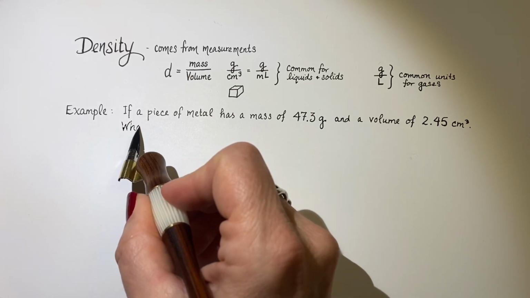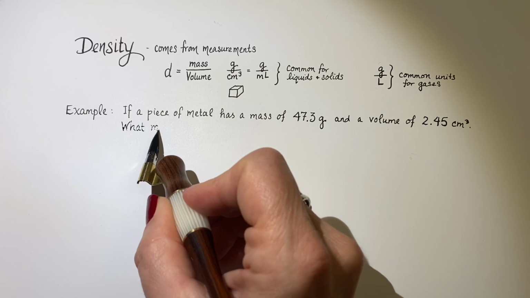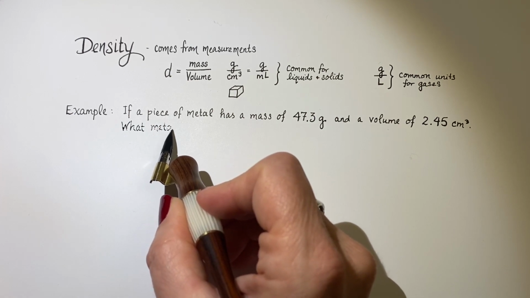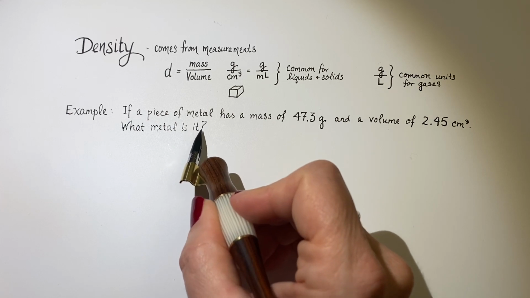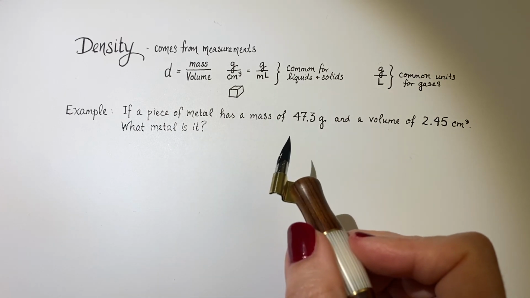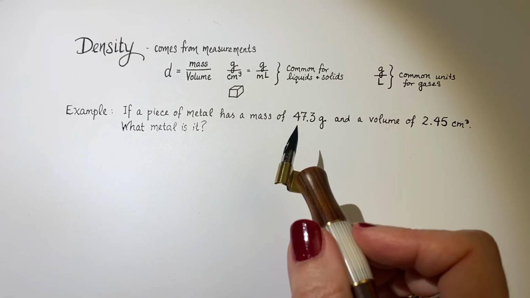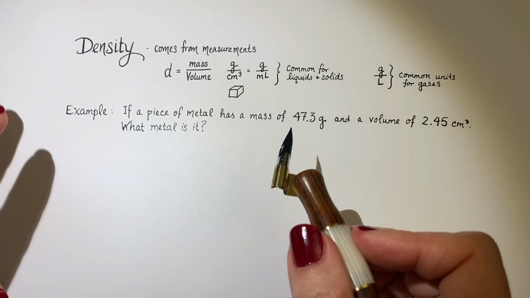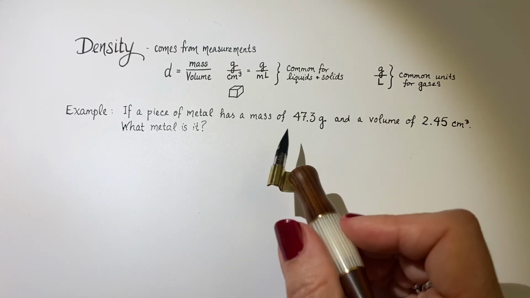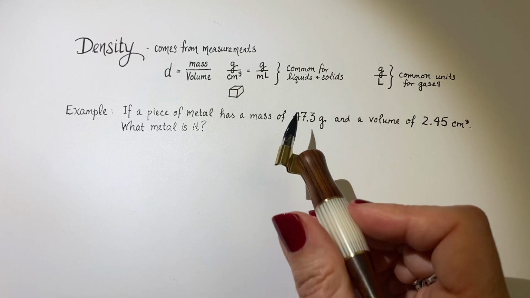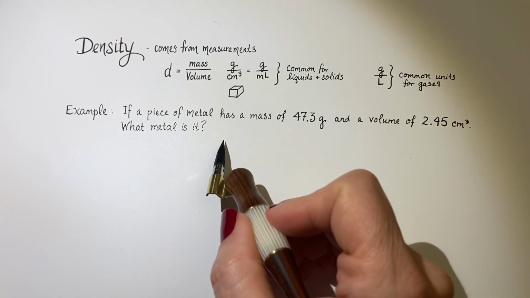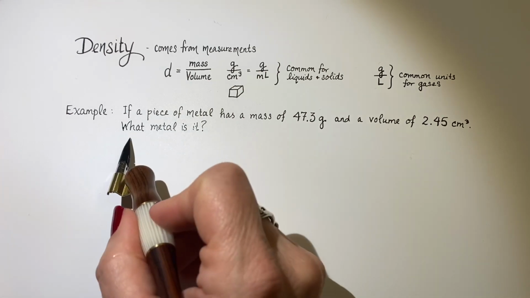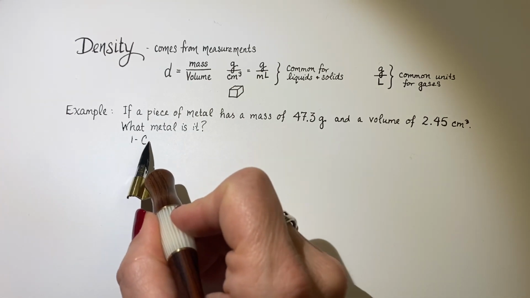So let's ask that question. What metal is it? Okay. So as long as we have a table or some way to find out what the densities are of various metals, we can figure this out. So first, let's calculate the density.